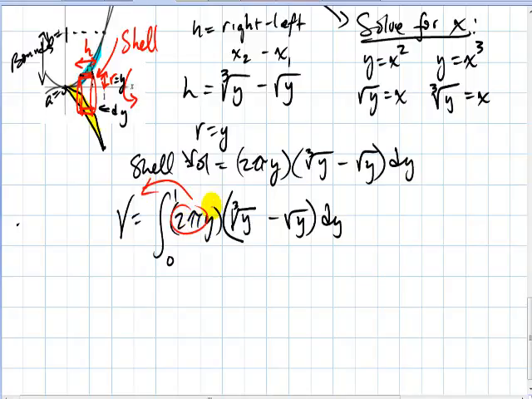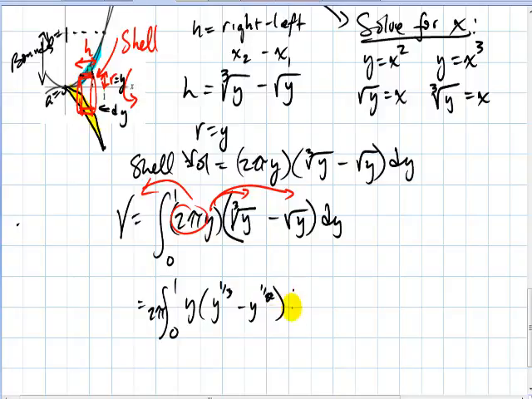The 2 pi can go outside the integral, and you distribute the y in. Keep in mind that cube root of y is the 1/3 power, and the square root of y is the 1/2 power. So I have 2 pi times the integral from 0 to 1 of y times y to the 1/3 minus y to the 1/2 dy.